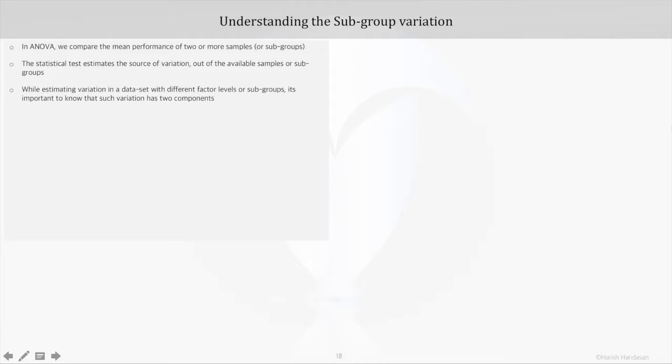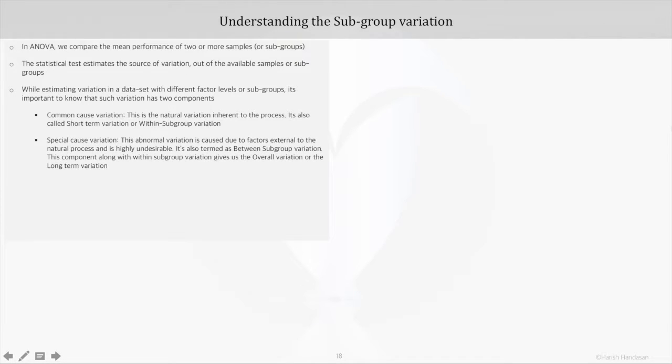Let's start with a brief introduction about each component. First is the natural variation in the process that leads to some differences in each data point, which is called common cause variation or the short-term variation, or what we say within subgroup variation.